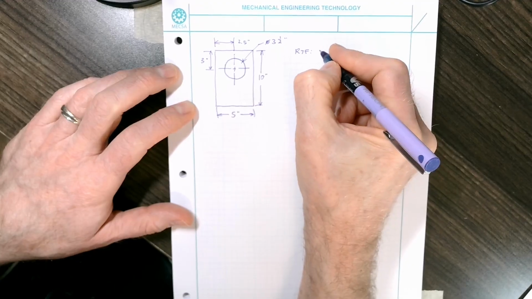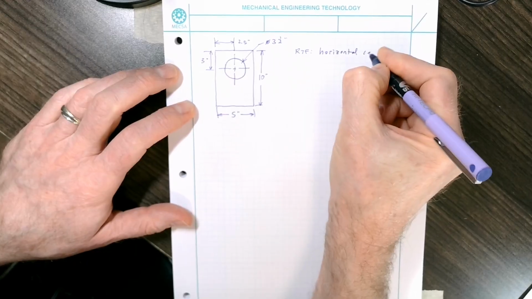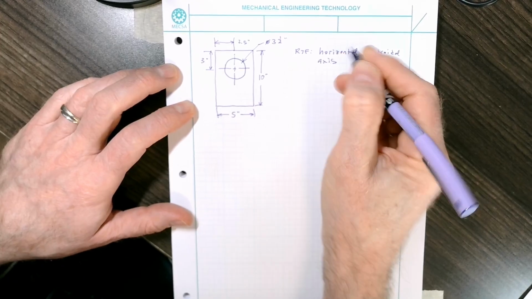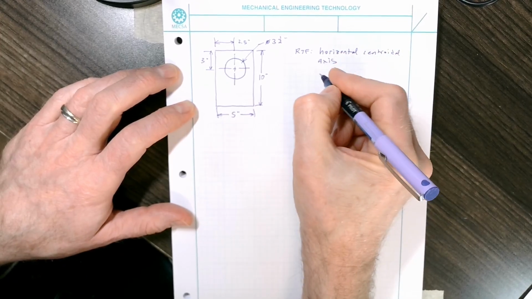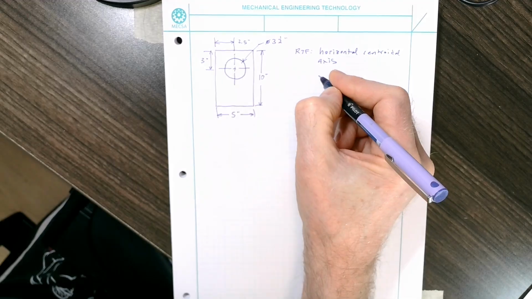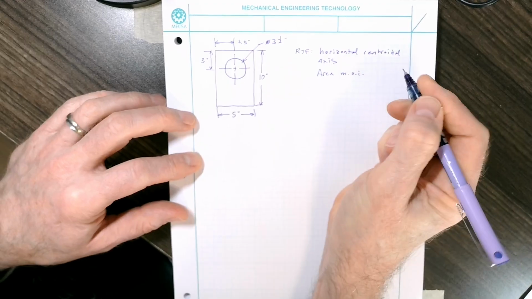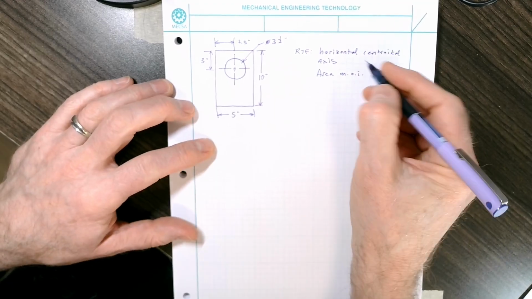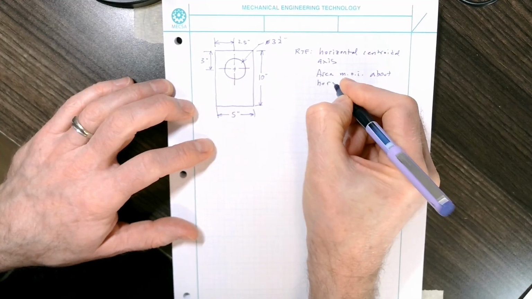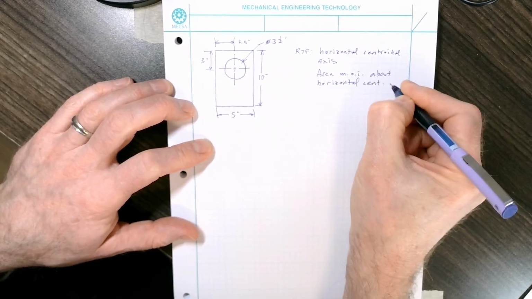Required to find: one, horizontal centroidal axis. Two, area moment of inertia about the horizontal centroidal axis.